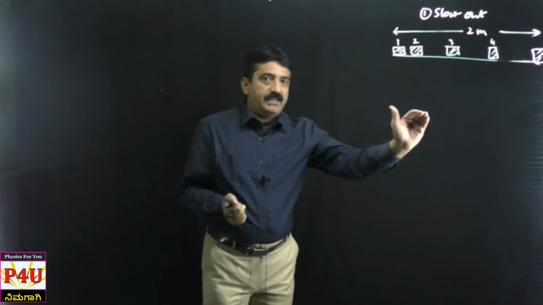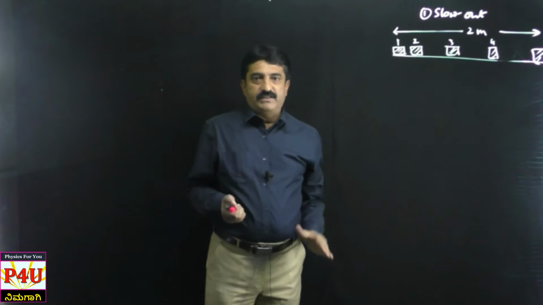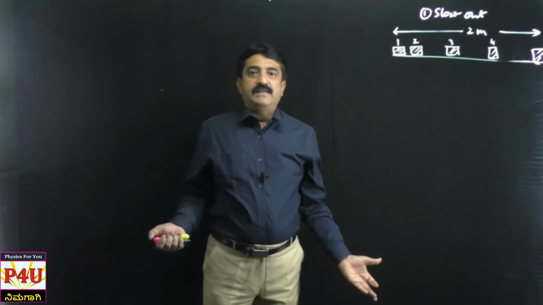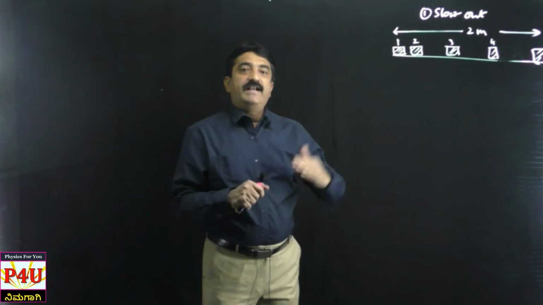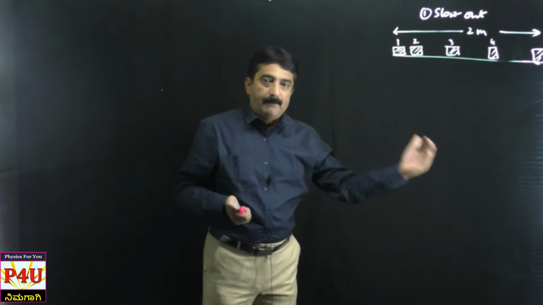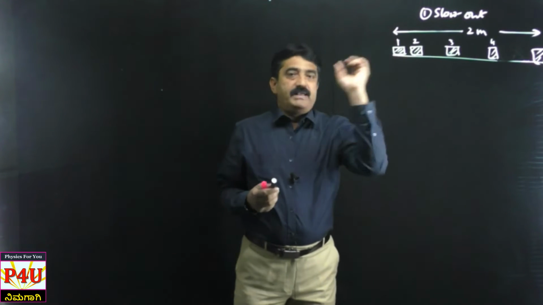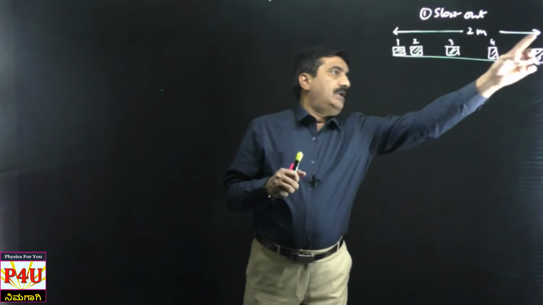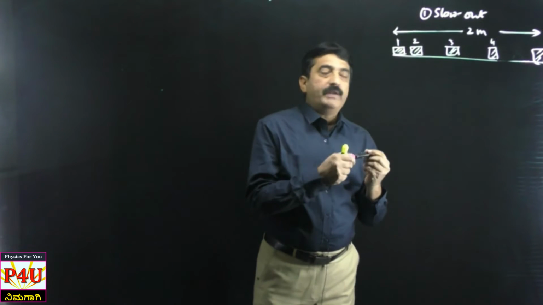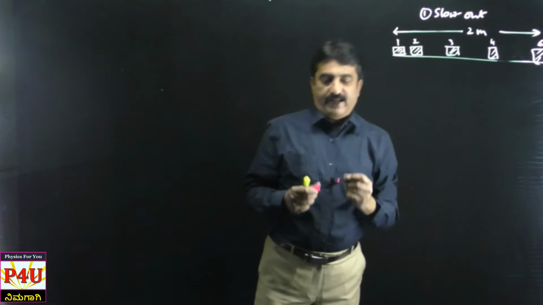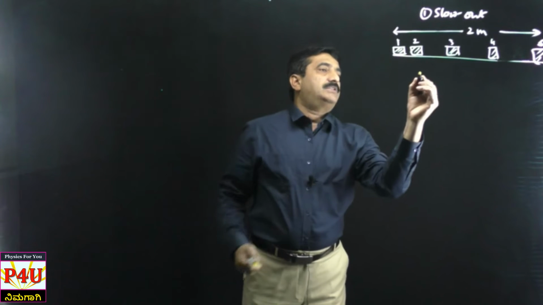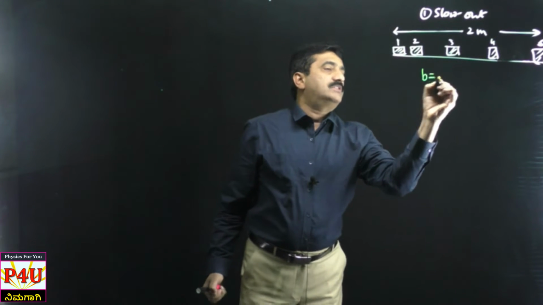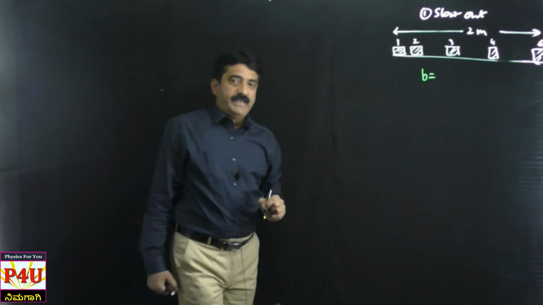Now comes the explanation of calculations. What is slow out process? It is a process in which the distance is increasing, the body is getting accelerated, speeding up. This is the base distance and this is the total distance, and there are totally 5 frames. Now let us calculate the base distance. Here onwards I use this symbol b for base distance.